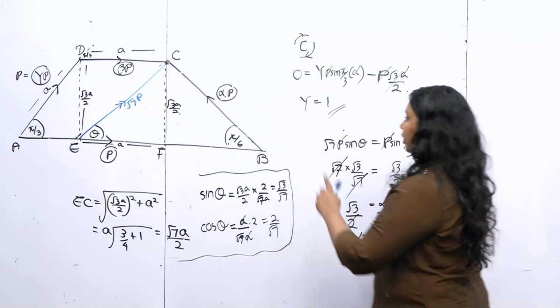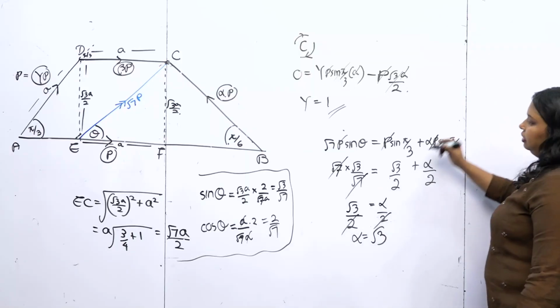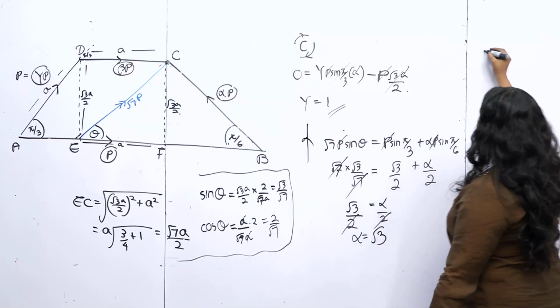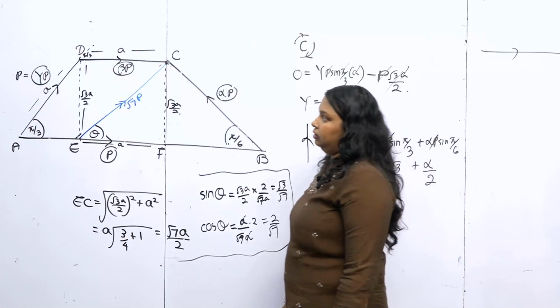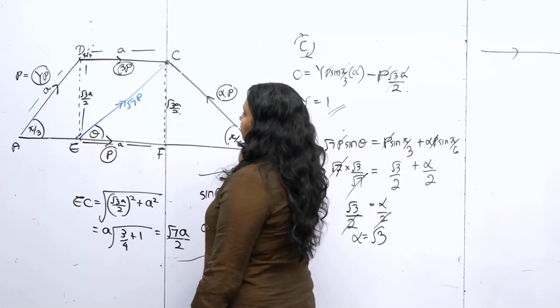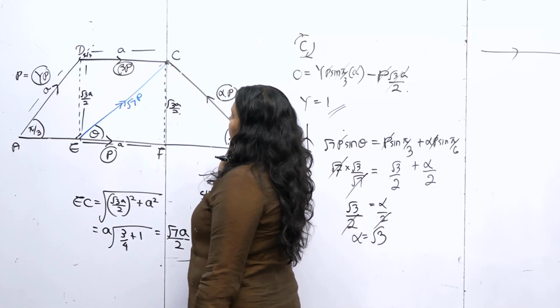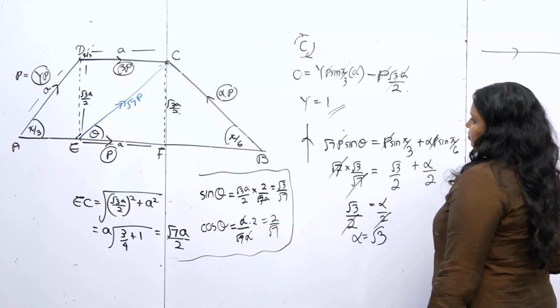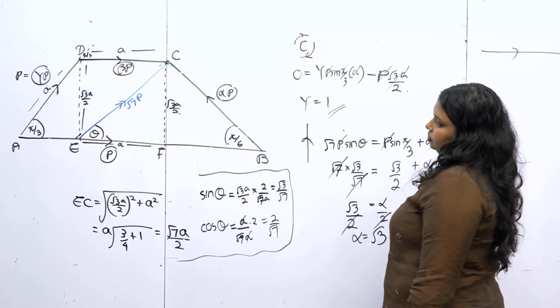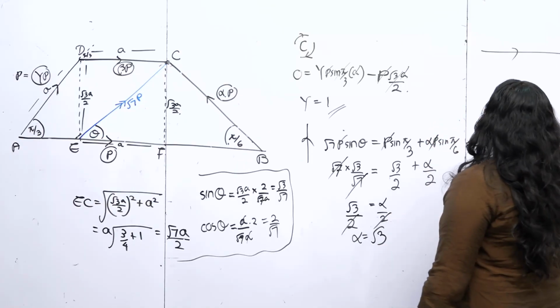Now we can find beta p. How? Previously we considered the sum of the forces in the vertical direction. Now I consider the sum of the forces in the horizontal direction. Clear? Yes, horizontal direction.